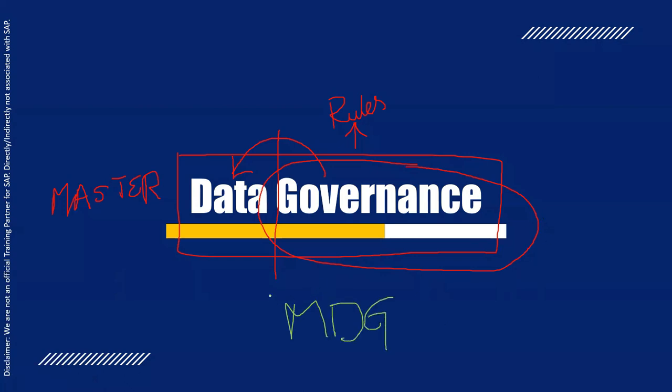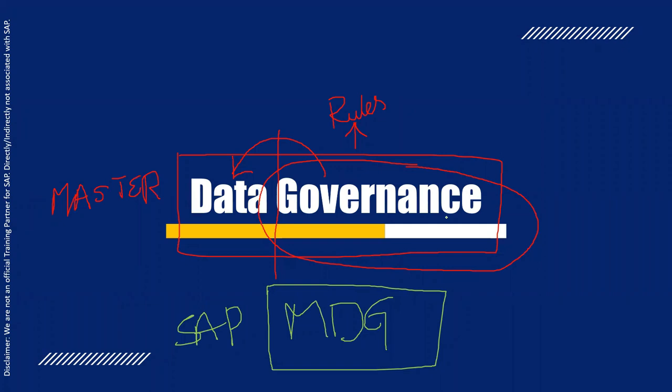So SAP has taken this governance concept and implemented a tool called MDG. It is SAP's proprietary tool. There are other data governance tools in the market, non-SAP tools, but we will see those in a further session. But this data governance principle has been used to implement a tool to control the master data in SAP.